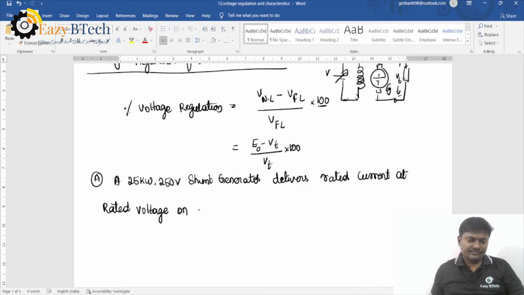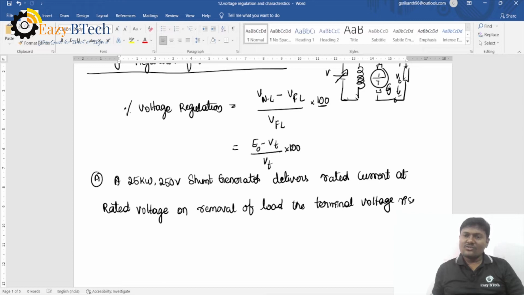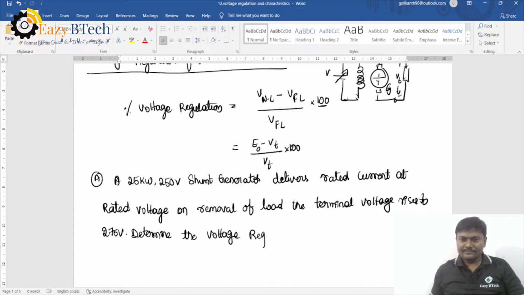On removal of load, the terminal voltage rises to 275 volts. Determine the voltage regulation. This is a simple problem.